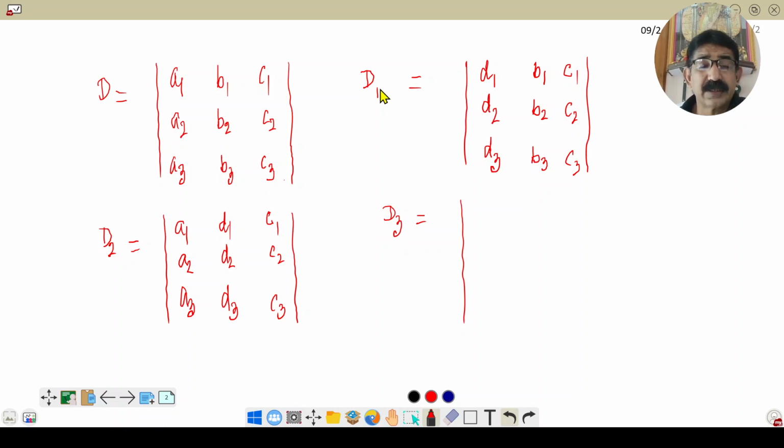For the first, remember this, for D1 this is 1, for D2 this is 2, and for D3 your intuition says this is number 3. So A1, A2, A3, B1, B2, B3, and D1, D2, D3.